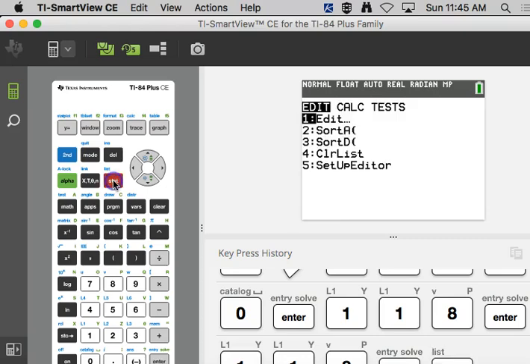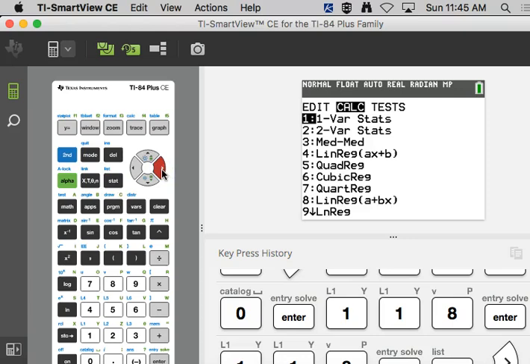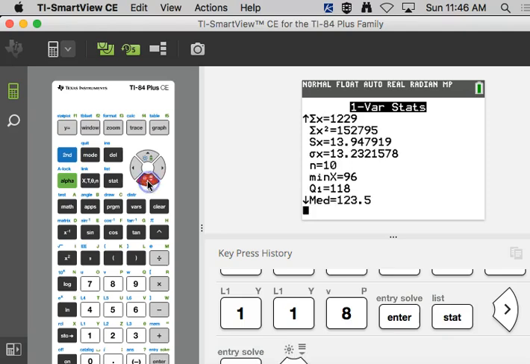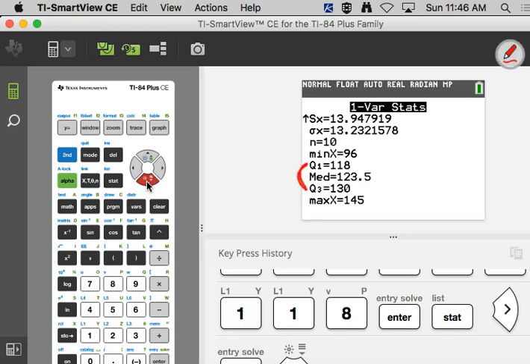So let's see here. I'm going to run my one variable stats. The IQR rule, well, we need the IQR. So I'm going to scroll down. Remember, IQR is the difference between those two. What we're curious about for a lower bound is 118 minus 1.5 times the IQR. I see a difference of 12 in there.